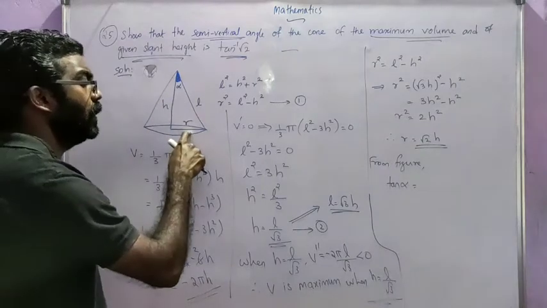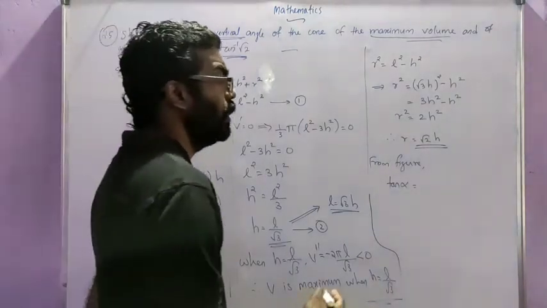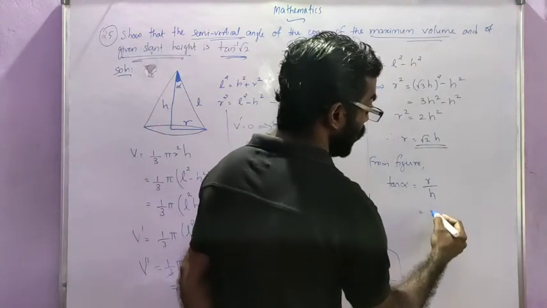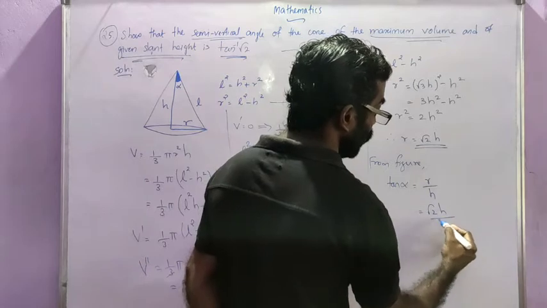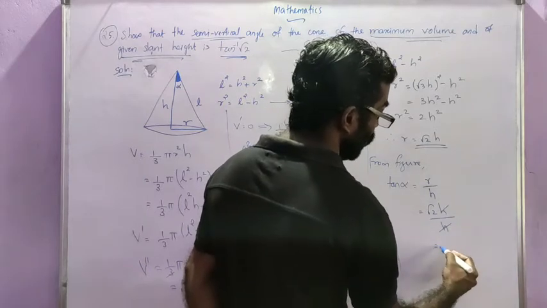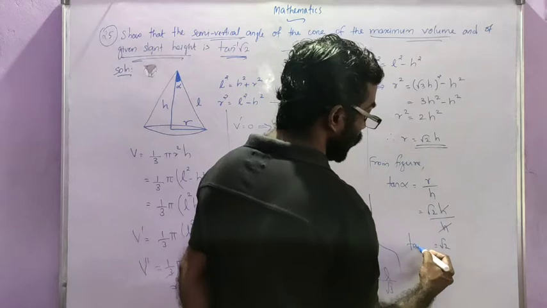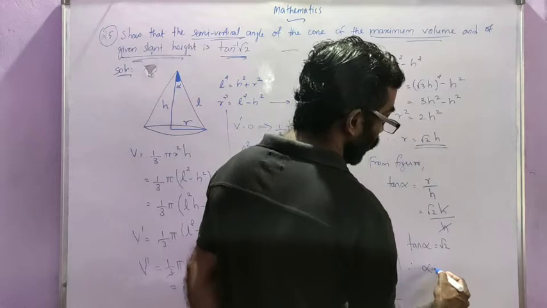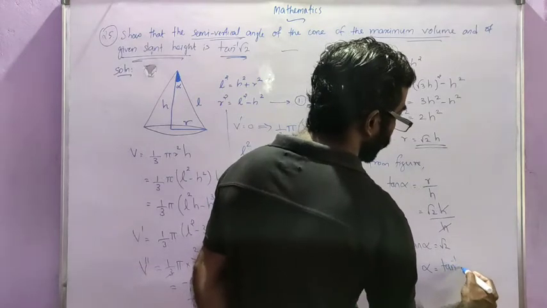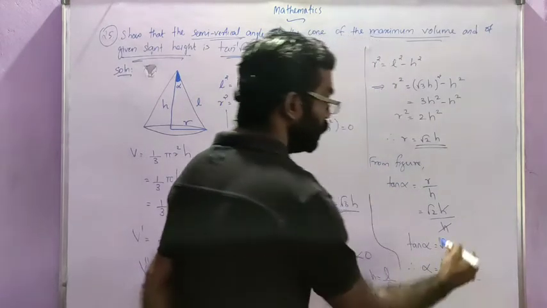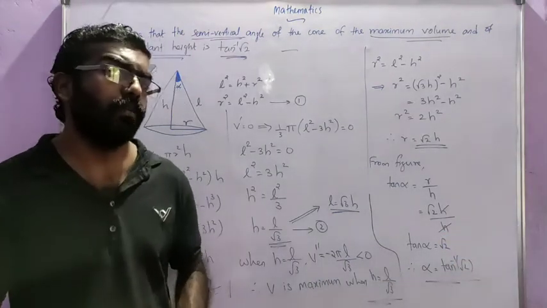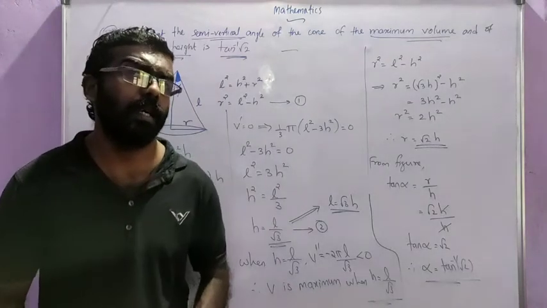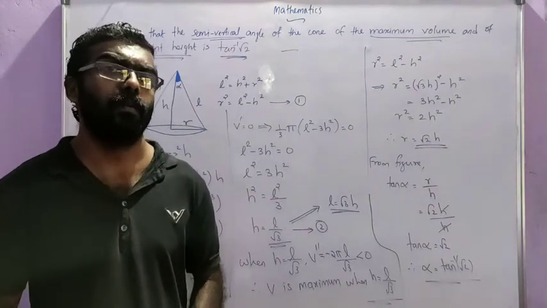Here opposite side is R and adjacent side is H, R by H. And we can put the value of R in terms of H, root 2H divided by H. H and H we can cancel, which is equal to root 2. That is tan alpha equal to root 2. Therefore the semi-vertical angle alpha equal to tan inverse of root 2. Hence the proof. So the semi-vertical angle of a cone of maximum volume and of given slant height is what? Tan inverse root 2. Clear?